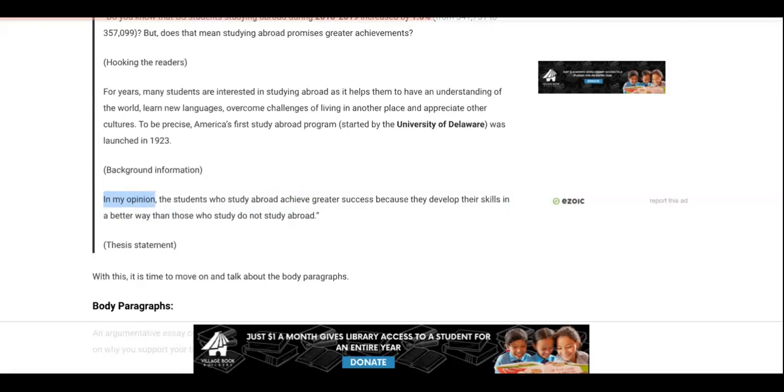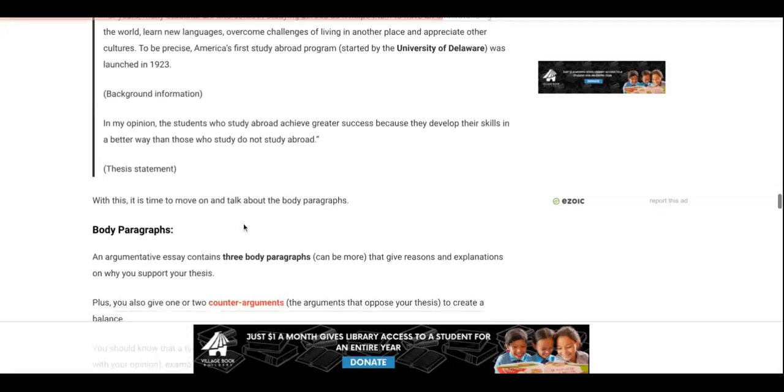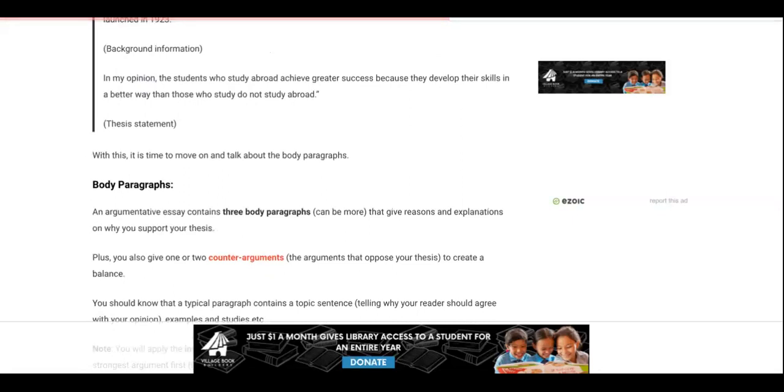Because what happens is that your whole essay becomes really biased. Until you learn the whole format and you are sure what to write in an argumentative essay, I will not suggest writing "in my opinion," because once you have presented your opinion, the examiner will always view it as a biased essay, because you are likely to just talk about your opinion more than anything else. So that's why I would say do not use "in my opinion," but people still use it, which you can, after you've gotten enough practice.